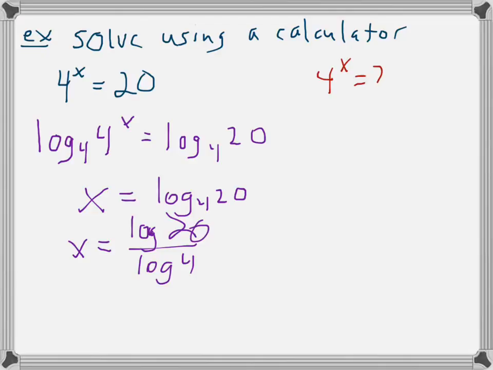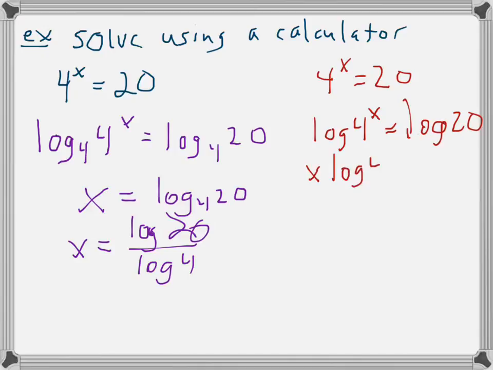This is kind of using the change of base formula, but I wanted to show you how this works, because a lot of times this is useful. If I just take the log of both sides, that's base 10 in this case, I can use the power rule on the left side, since my x is an exponent.